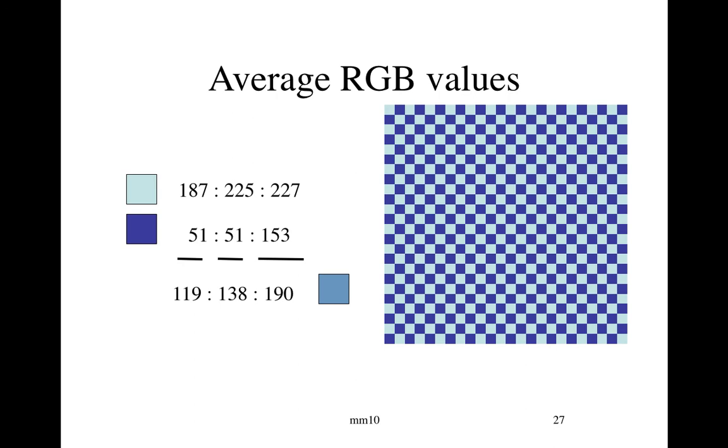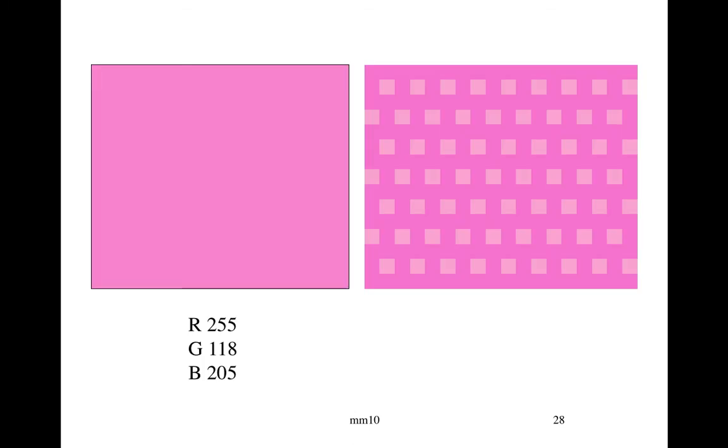So in terms of how the image is stored, we organize the pixels this way. Here we have a shade of pink that has a red value of 255, a green value of 118, and a blue value of 205.